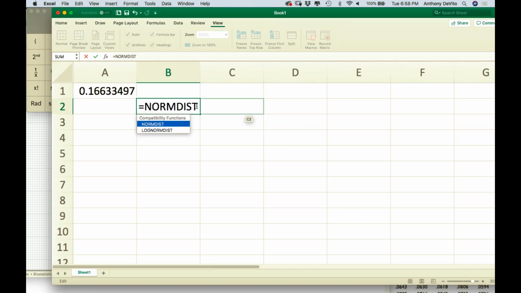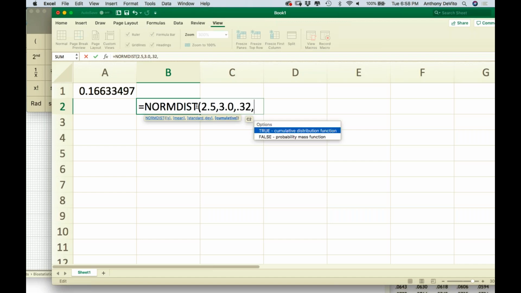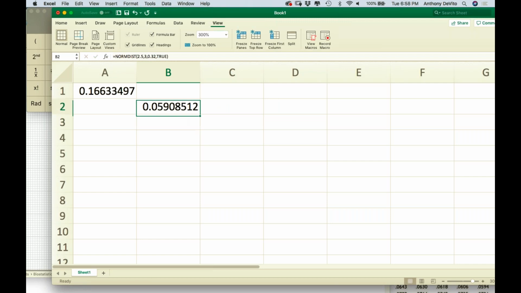Equals NORM.DIST, parentheses, 2.5, comma, 3.0, comma, 0.32, comma, and true. What did I do again? What am I doing wrong here? Oh, sorry. There you go.